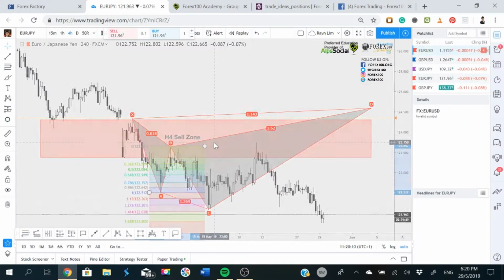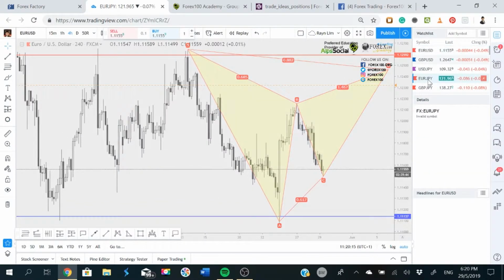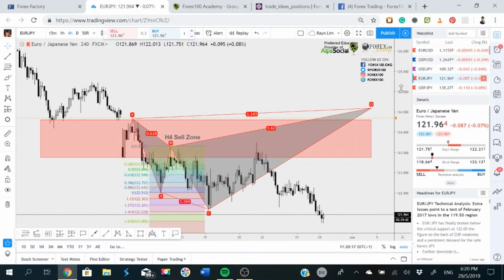Oops, what have I done? No matter how I look at this trade, it is still a shark pattern movement. Even if you draw it differently, it will still be valid.